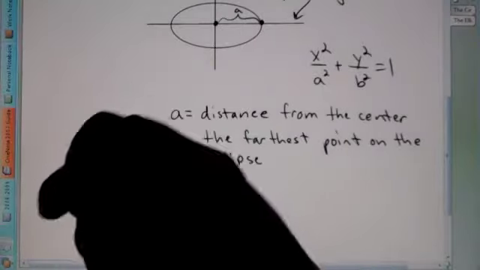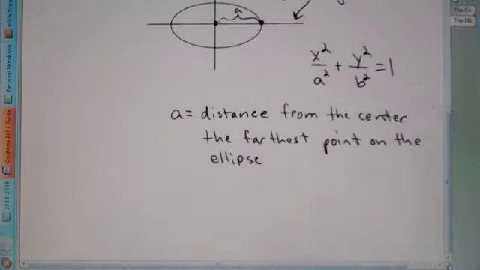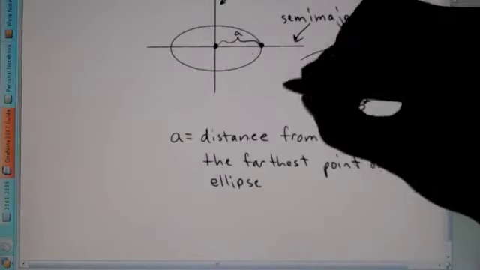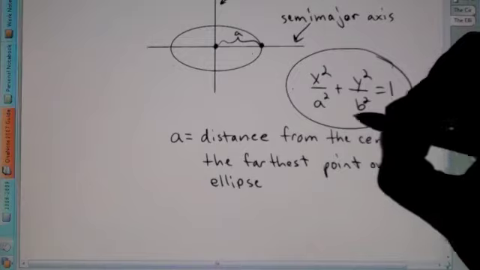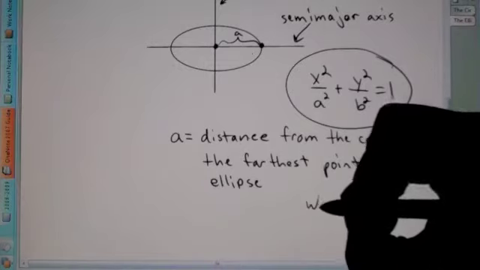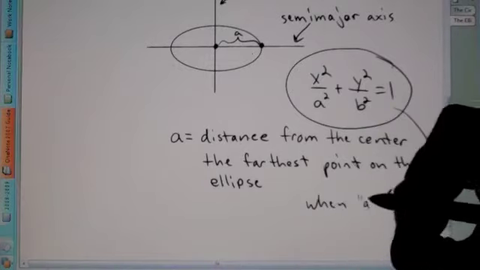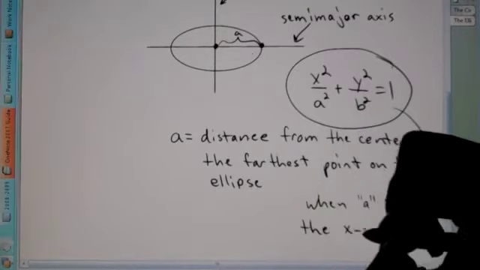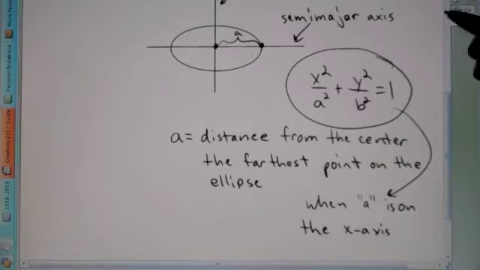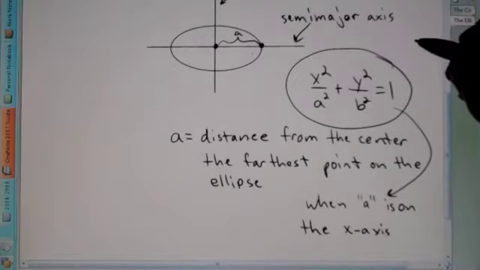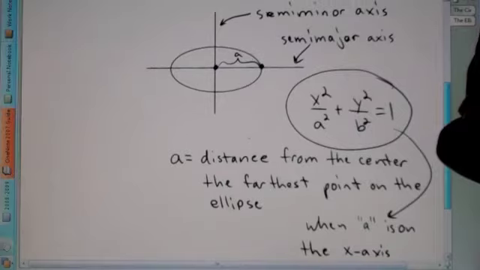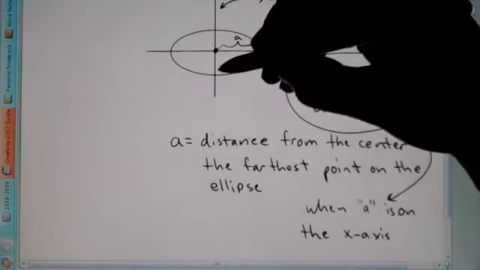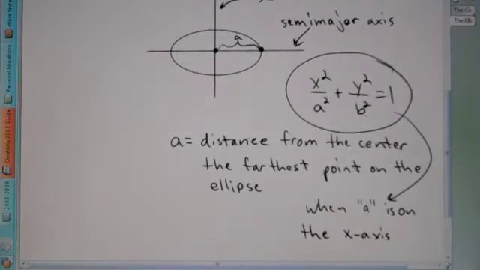This is the formula for standard form for an ellipse when a is on the x-axis, and when it is wider than it is taller, this is the formula you're going to use.